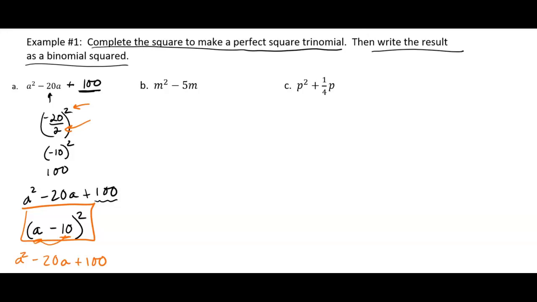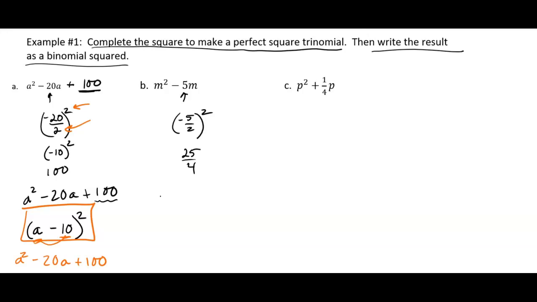So here we have another one, b. m squared minus 5m. Well, this time it's a minus 5. We're going to divide it by 2 and square it. Now it's a fraction. I'm sorry about that, but it is. When we square it, we're going to get 25 over 4.